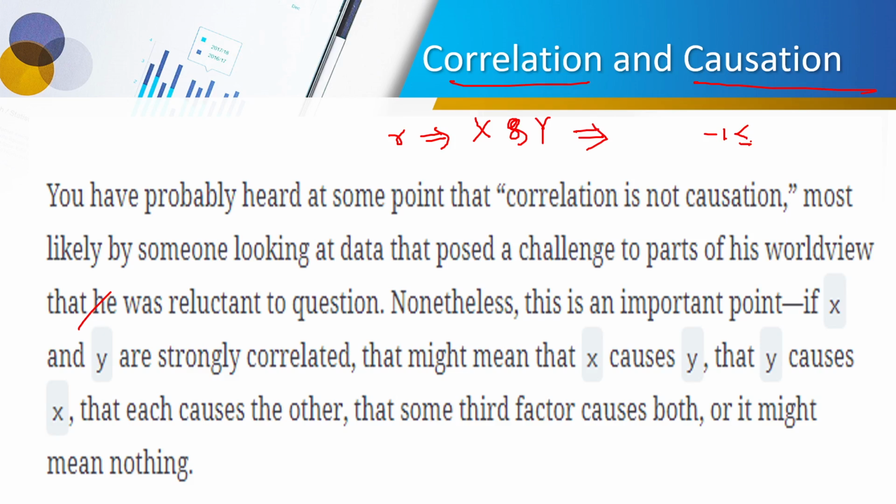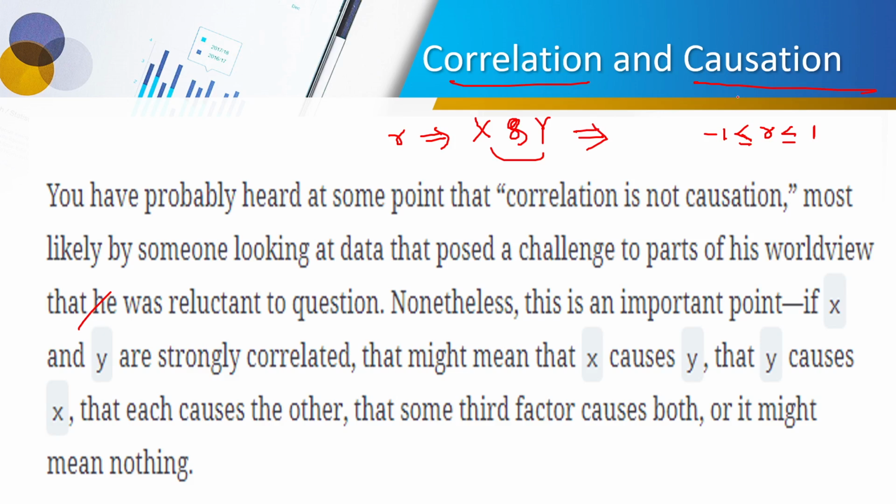Small r is always in the range of -1 to +1. -1 indicates that x and y are negatively correlated. What is the meaning of negative correlation? If one increases, the other will decrease. And positive one, what does it indicate? If one increases, the other will also increase. And if 0, it indicates that there is no correlation between x and y, right?